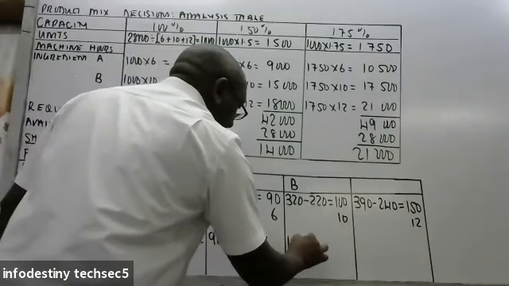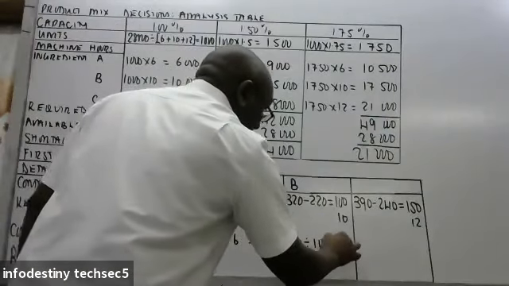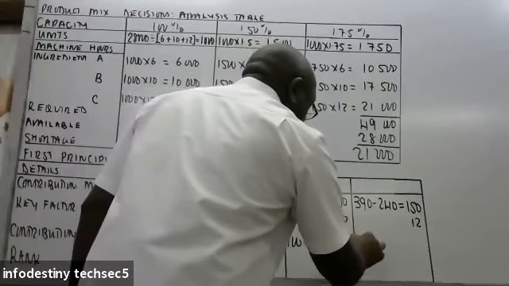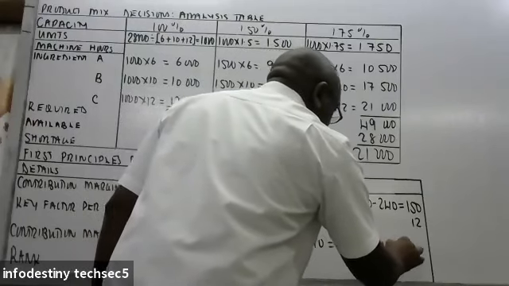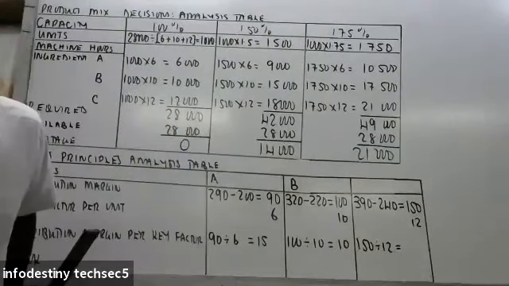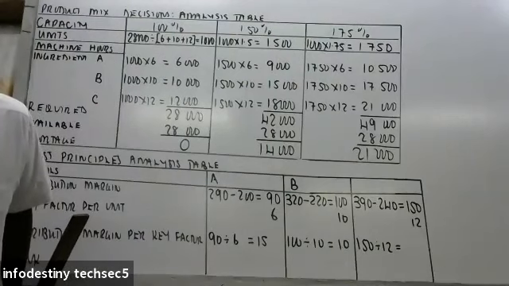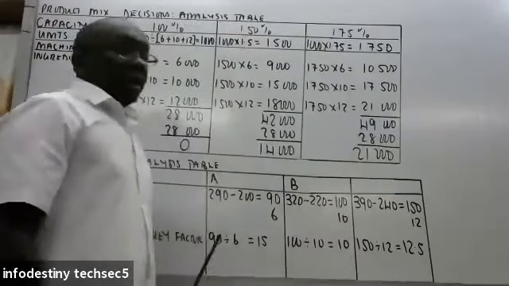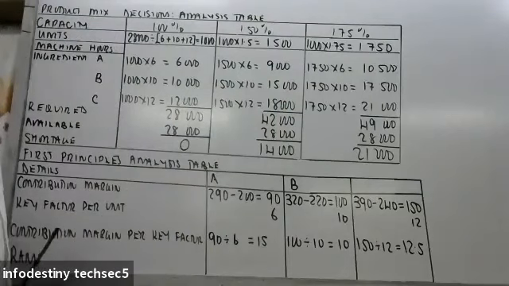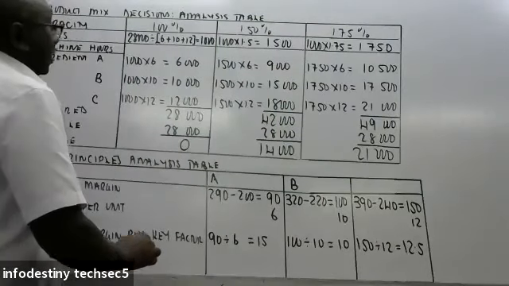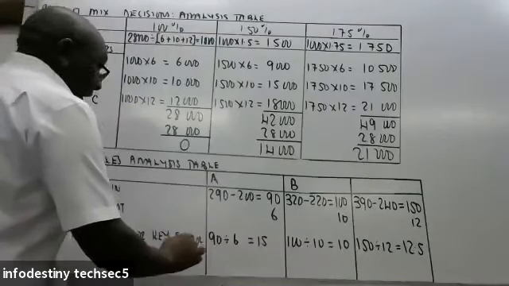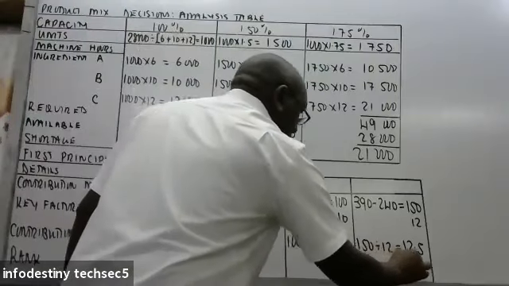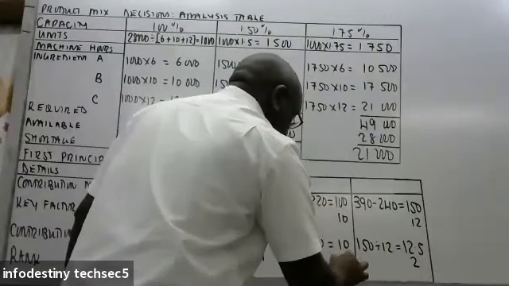Then 100 you divide by 10, you get 10. 150 you divide by 12, I get 12.5. And then based on that, we have the rank. This must be number 1, this is number 2, and this is number 3.